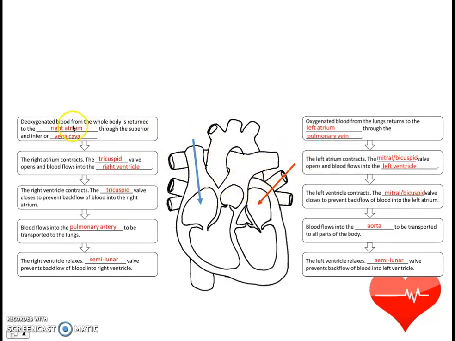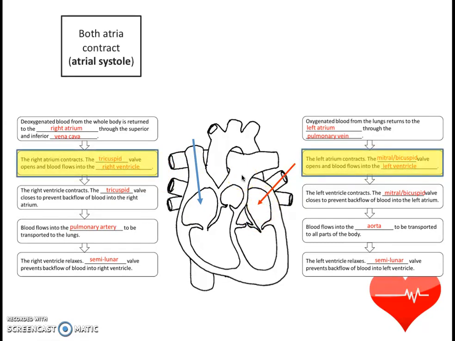In one heartbeat, deoxygenated blood enters the right atrium at the same time that oxygenated blood enters the left atrium. This is happening together. Even though we describe it in a sequence, these two events are actually happening together. And then the right atrium and the left atrium contract together.